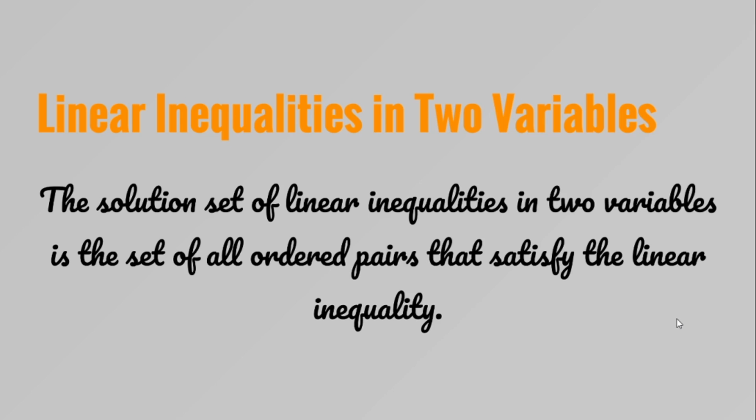Whether it is 4 or 100, thousands, that would be a solution of the linear inequality. Okay? So we do not need to plot points to show that they are solutions. What we do with linear inequalities is shade, because we have too many solutions.